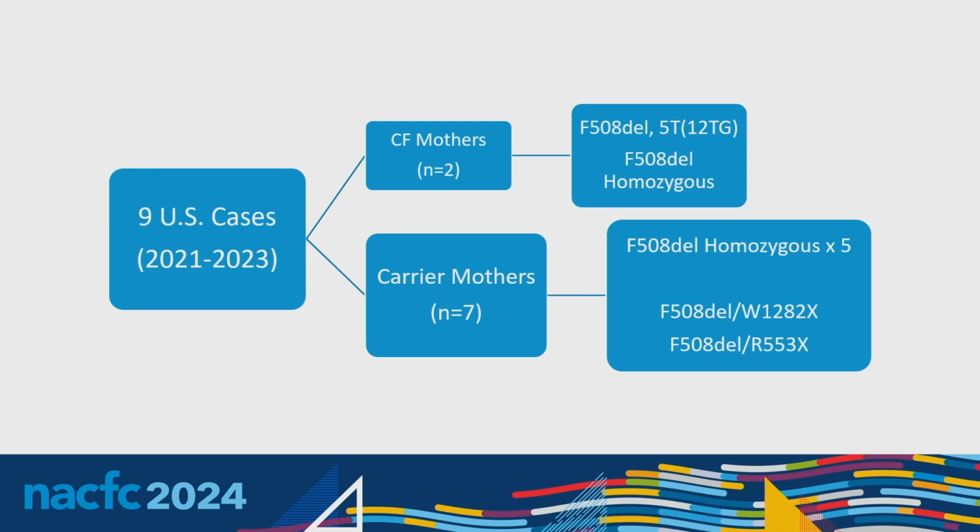The infants born to the 2 CF mothers had the genotypes of F508del 5T12TG, and one was F508del homozygous. And 5 of the carrier mother infants were also F508del homozygous, with 2 other infants having 1 copy of F508del and 1 copy of W1282X and R553X.